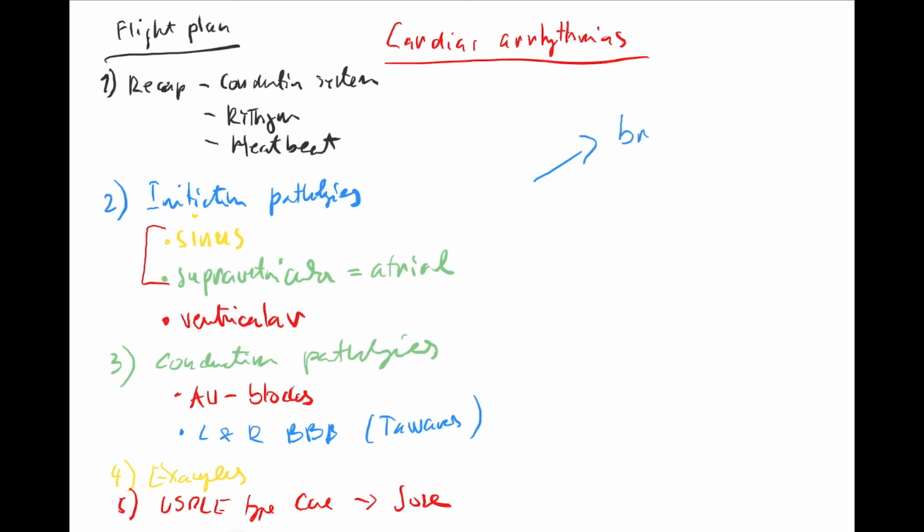So bradyarrhythmias and, let's make it red, tachyarrhythmias. Okay? Tachy. So fast, slow. And this is another way how you can divide it, but I'll tell you which one is fast and which one is slow. But you know, there are different ways how you can divide the arrhythmias.